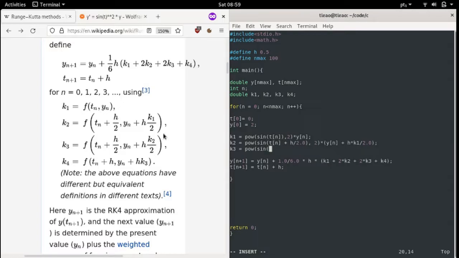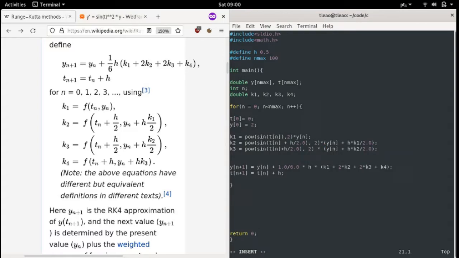Sine of this whole thing here, t of n plus h over 2.0, second order, times y of n times h, sorry, plus h k2 over 2.0.